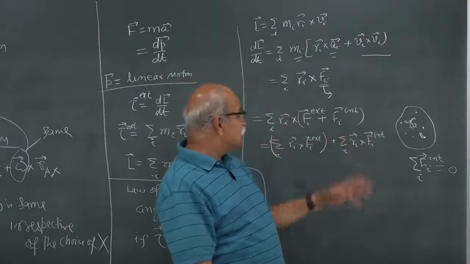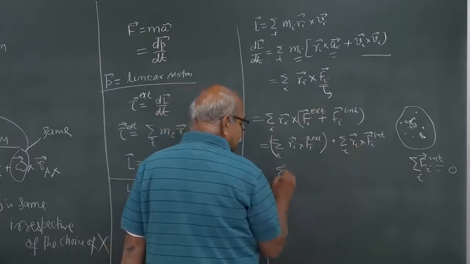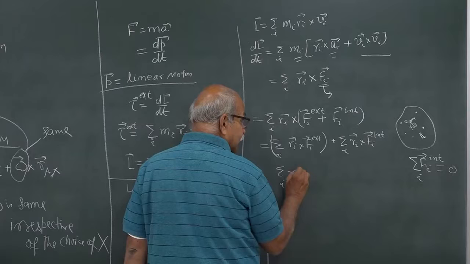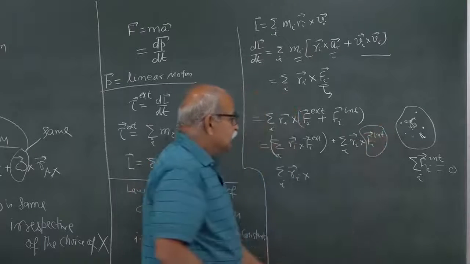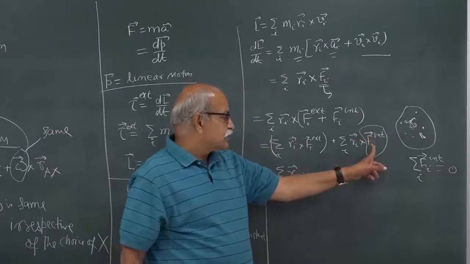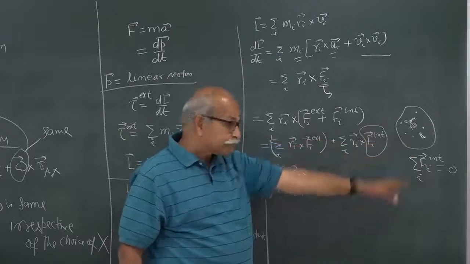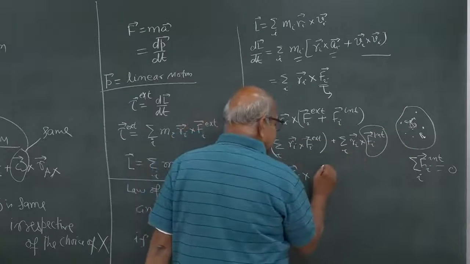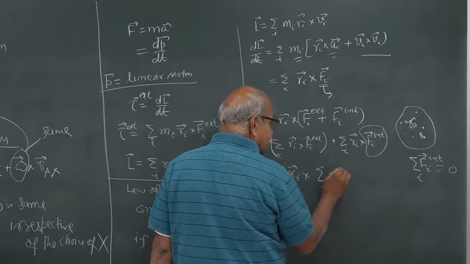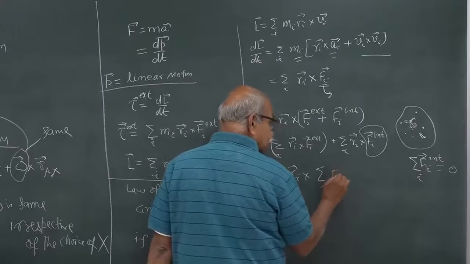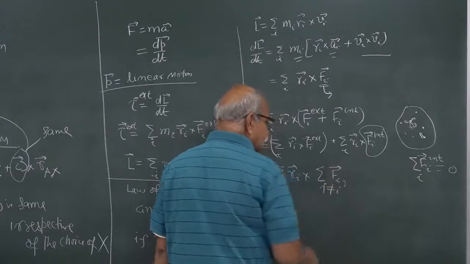But this happens to be 0 because if I look at this term, summation over i of Ri cross Fi internal, what is this? This is the force on the ith particle by all other particles of the rigid body. And so, this itself is summation over j, which is not equal to i, of Fij.